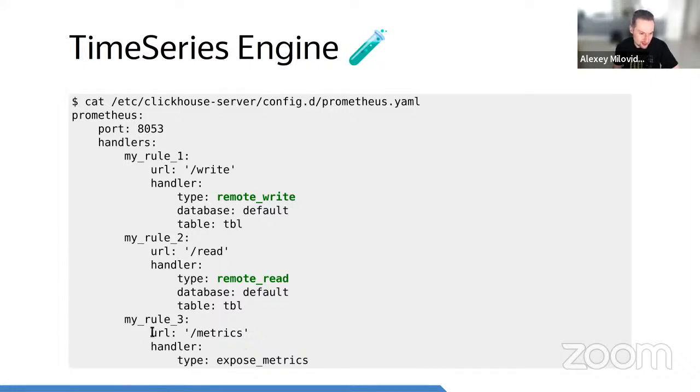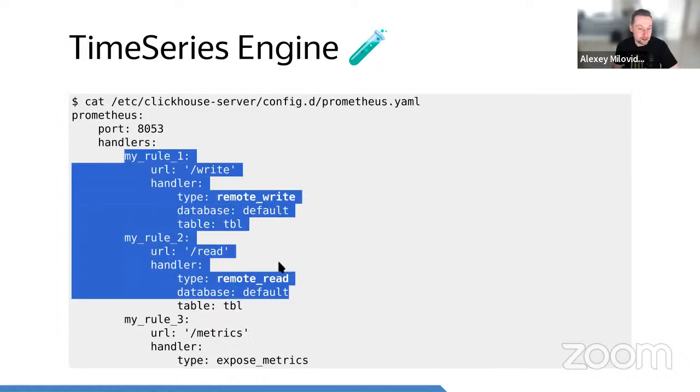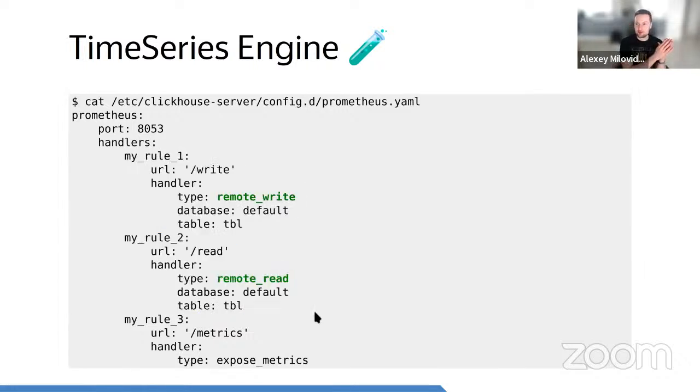But that is what we already provide. These 2 endpoints are new. Then when Prometheus writes data to this remote write endpoint, it will magically appear inside this table. When Prometheus does a query, it will go to this endpoint, and ClickHouse will interpret it to query this table.